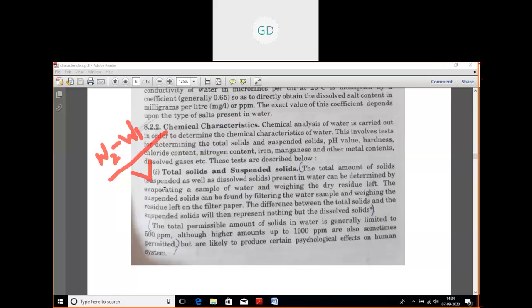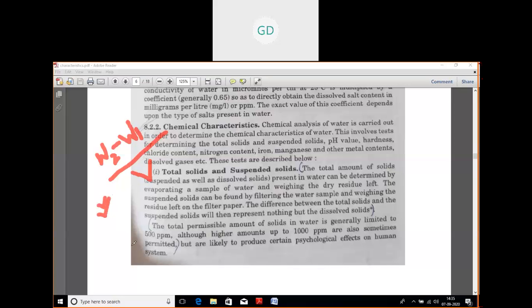After drying, you again weigh that filter paper. Now the weight is W2, which is the weight of the filter paper plus the suspended solids. If you use the same formula again, you will get the weight of your suspended solids.